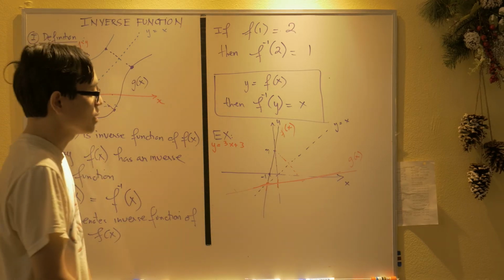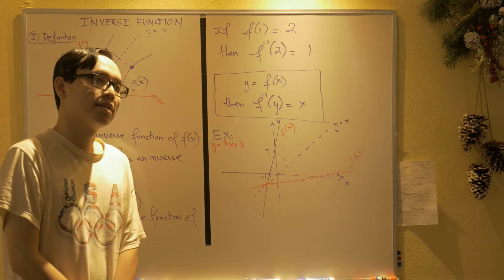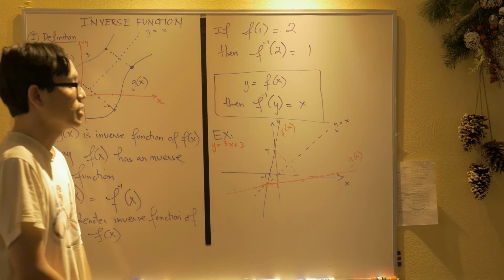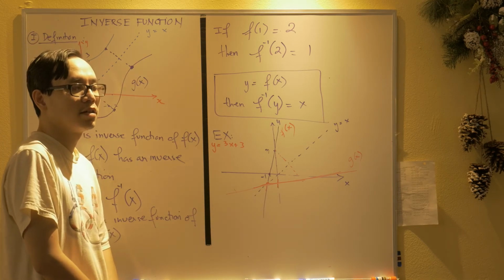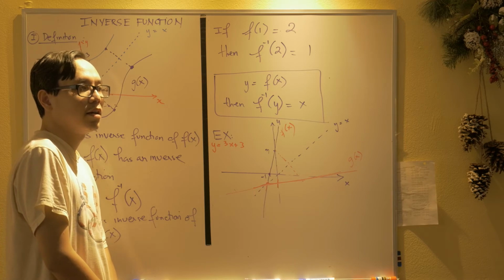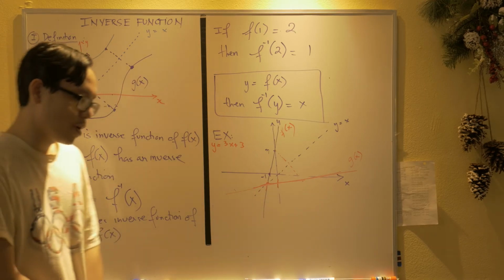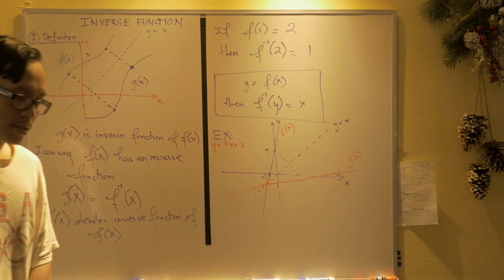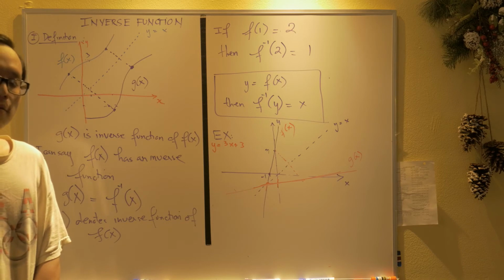But the thing is that sometimes you graph it, and the one after you graph does not satisfy the vertical line test. Then it means that that function doesn't have an inverse. Okay. Then the mathematicians found another way to check if the function has an inverse or not.